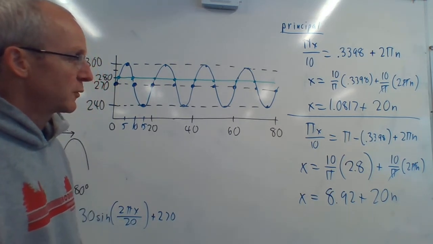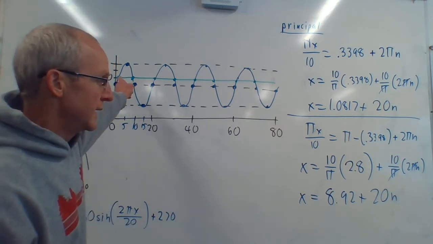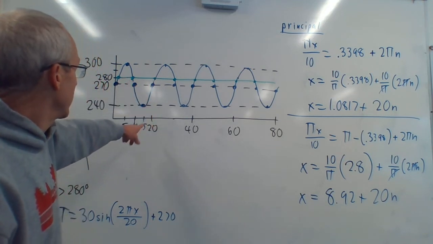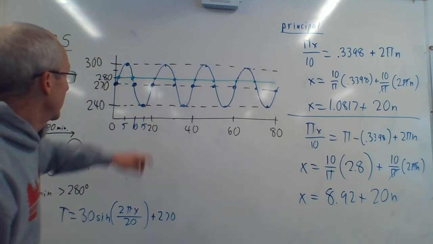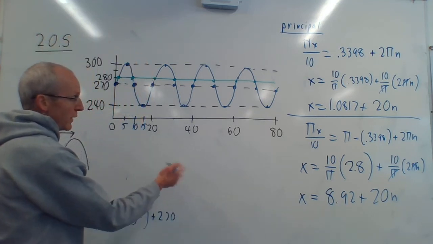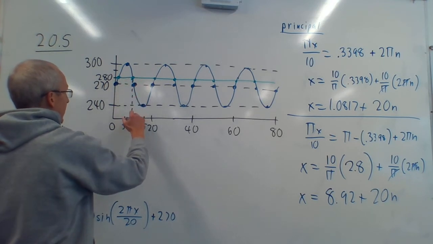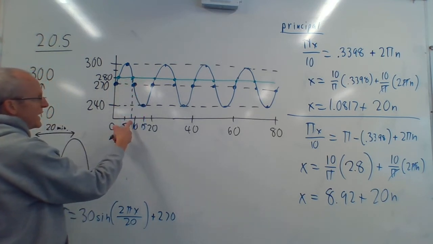Now, let's take the n equals 0 point, which will be this first one. The n equals 0 point is 8.92. And then always check your graph. Does 8.92 make sense? Here's 10. So it makes sense, this first green dot looks like about 8.9, about 9 there. It's a little bit before 10.